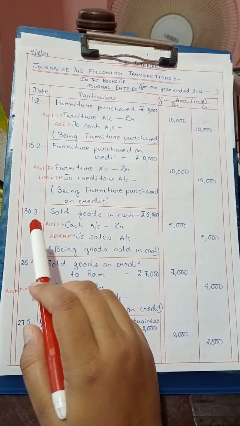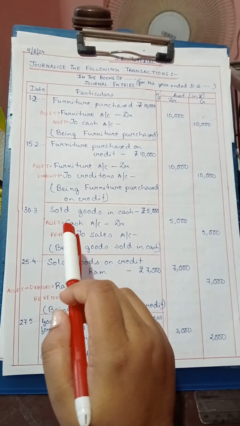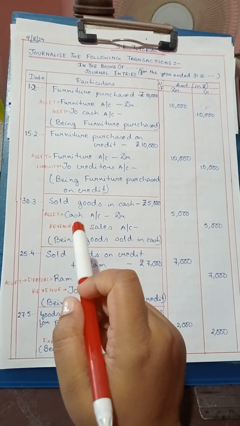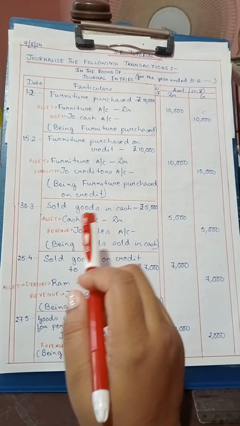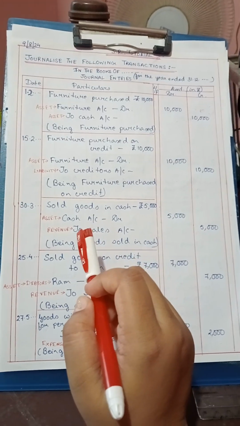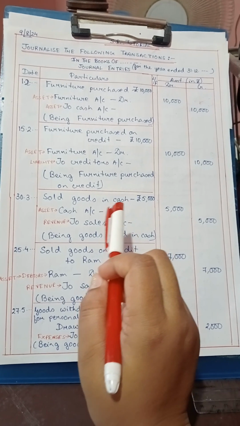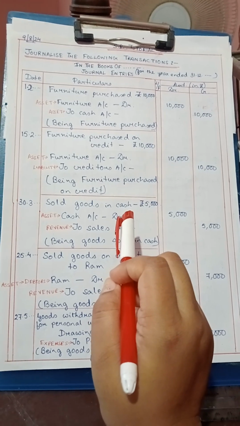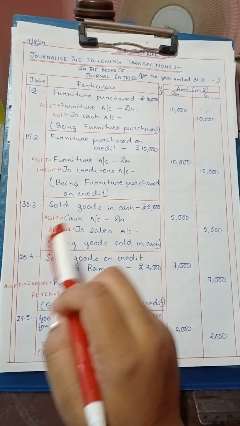Then you see in March, March 30, sold goods in cash rupees 5,000. So here cash comes into the business by selling goods in which the business is dealing. The word cash has been mentioned clearly in the transaction, so this transaction is considered as a cash transaction.